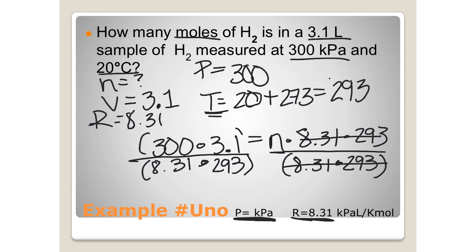And so N is going to be equal to 300 times 3.1, that answer divided by 8.31 times 293. So I plug and chug that into my calculator, and I'm going to have 0.38 moles of H2.